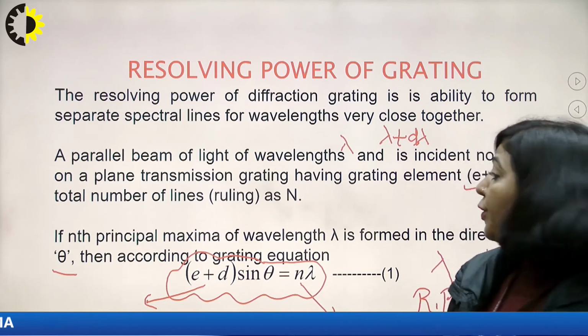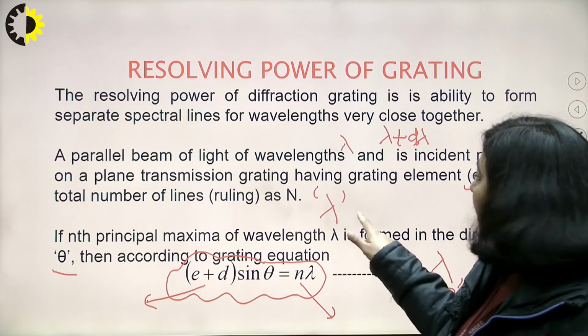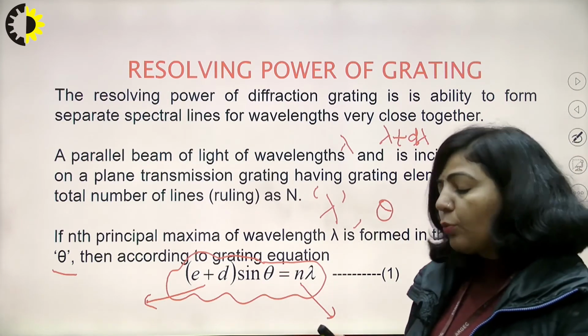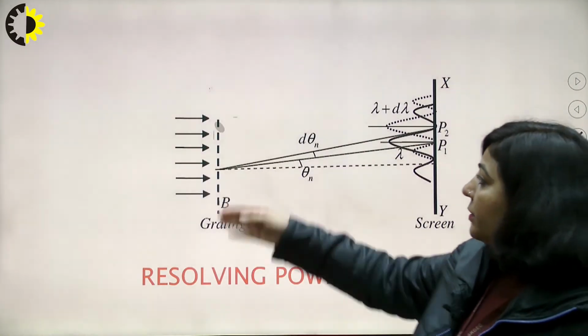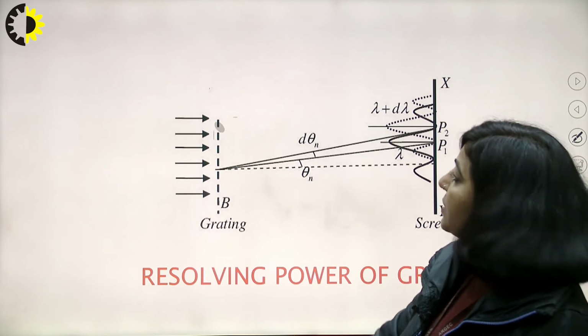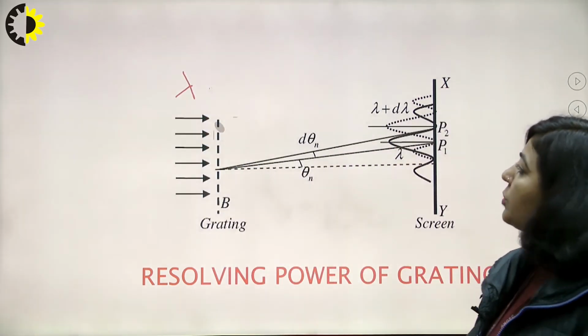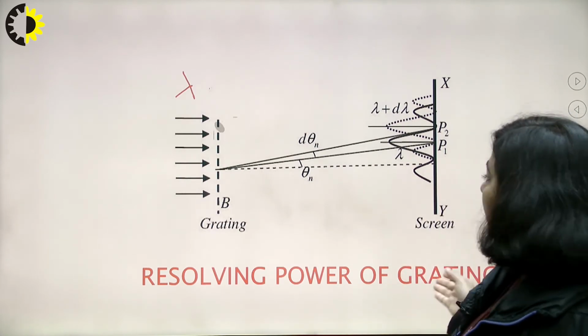So if for the first source, having wavelength lambda, its nth order maximum is observed at theta, then you have this equation number 1. So this is your grating, this is the arrangement of N slits. Now it is illuminated with a light source of wavelength lambda, and you will get the diffraction pattern over the screen.